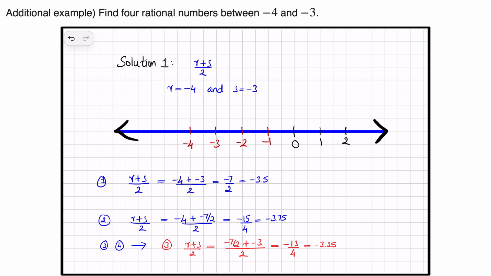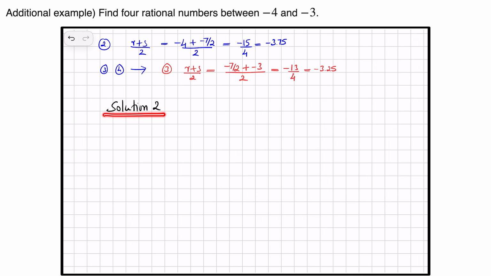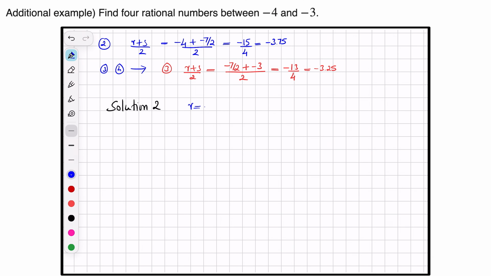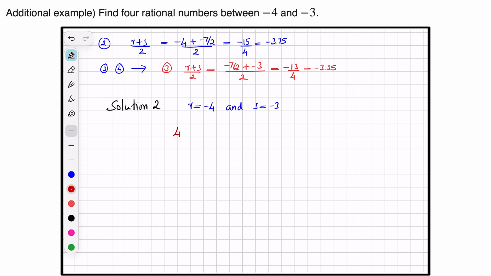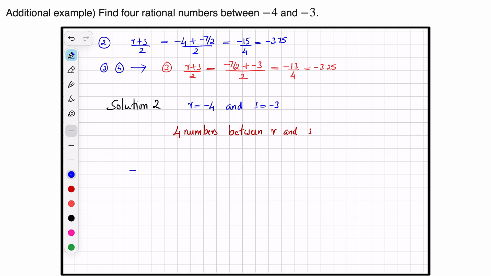I will now solve the same using the solution 2 methodology. In solution 2, we were basically trying to transform both extreme numbers into the form of a fraction. In this problem, we had the two extreme numbers r equal to -4 and s equal to -3. How can we transform this? We need 4 numbers between r and s, so this is how I will transform.